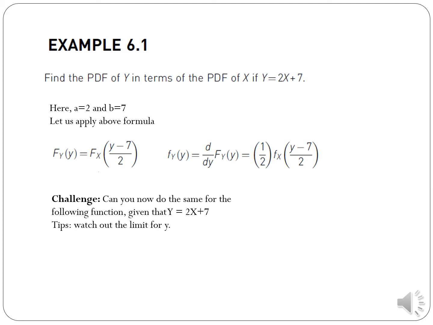Now let's do an example. I will let you practice this example using the same function, but now we are giving a particular distribution function for x. What you need to do is, you are given the PDF, you have to write down the CDF also. You know from chapter 4 that the CDF will be 1 minus e to the power minus lambda x, and the PDF is lambda times e to the power minus lambda x.